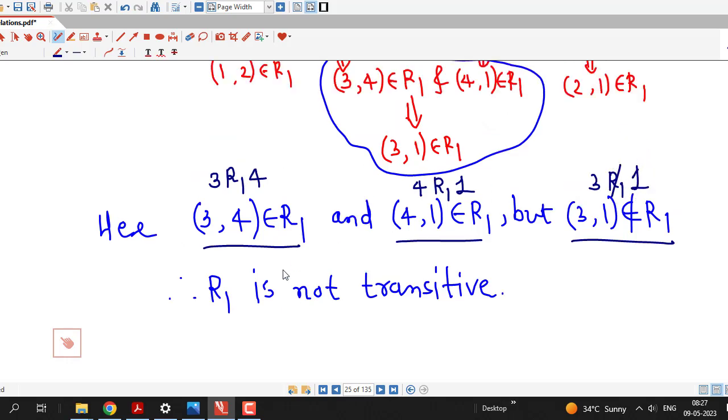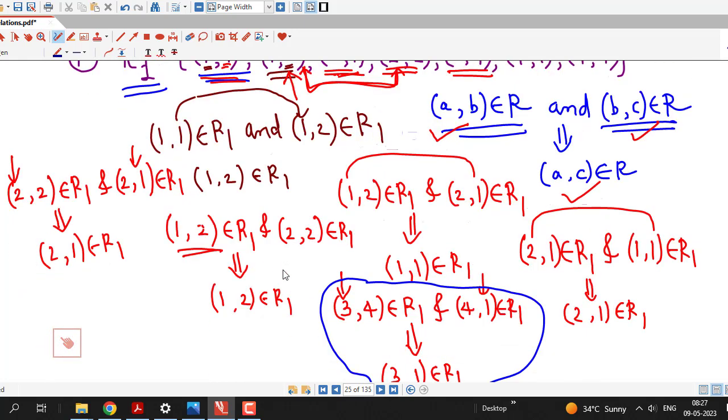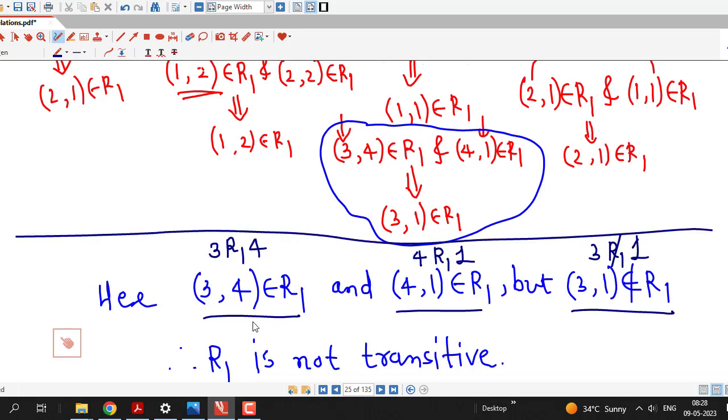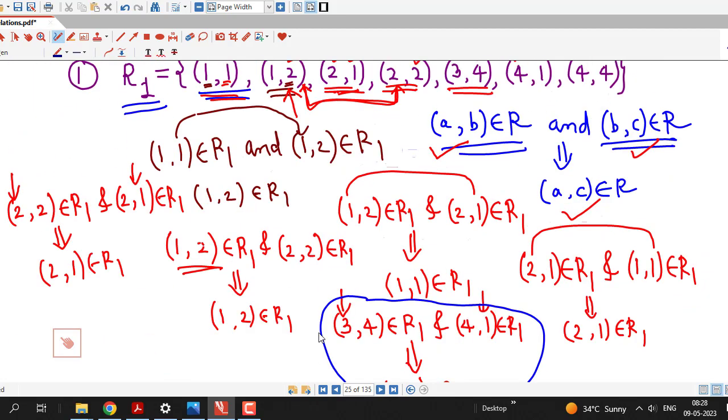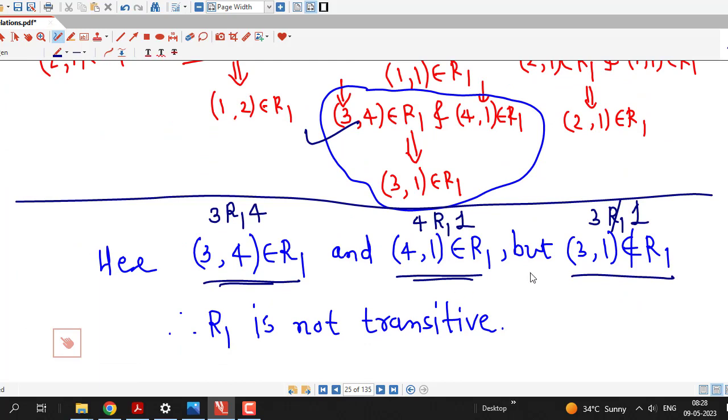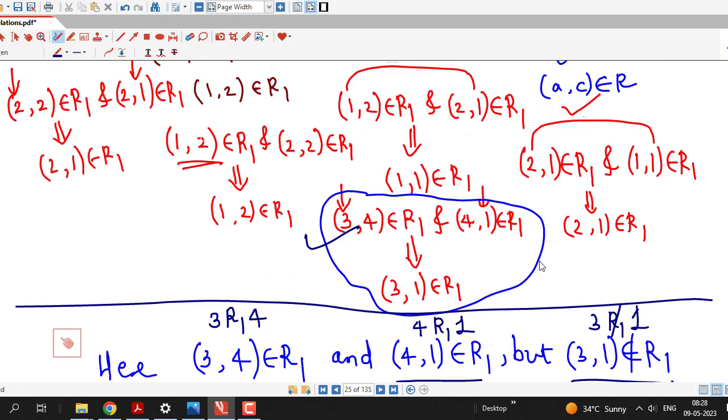Therefore R1 is not transitive. So this is just for understanding. For examination you have to write only this part, that for these two pairs this condition is not satisfied, therefore R1 is not transitive. And if at the very first moment you can find this combination, then you can directly write down that R1 is not transitive because this is not satisfied for these two pairs.